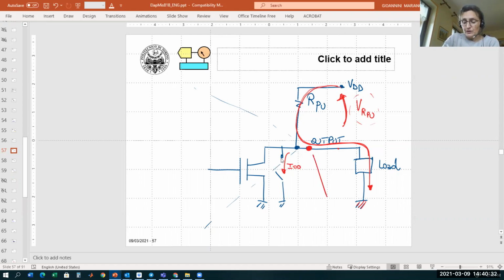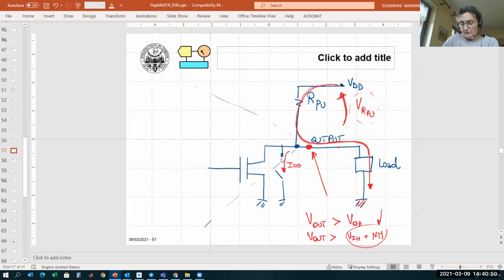Because I remind you that here the output voltage must always be higher than VOH, or in other words, it must be higher than VIH plus the noise margin. This is the condition to be compatible with the load. If the load is, for example, another gate with VIH, then we have to guarantee that the voltage in this node here is higher than VIH.